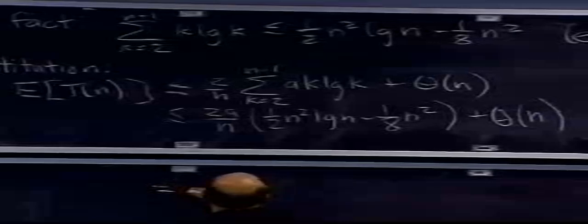That's equal to, now I can multiply through, and I get a n log n, because the n over 2 cancels with the 2 over n. Minus, and now I'm going to write it as desired minus the residual. And the residual is this term here, which gives me a n over 4, and that term there minus theta of n.